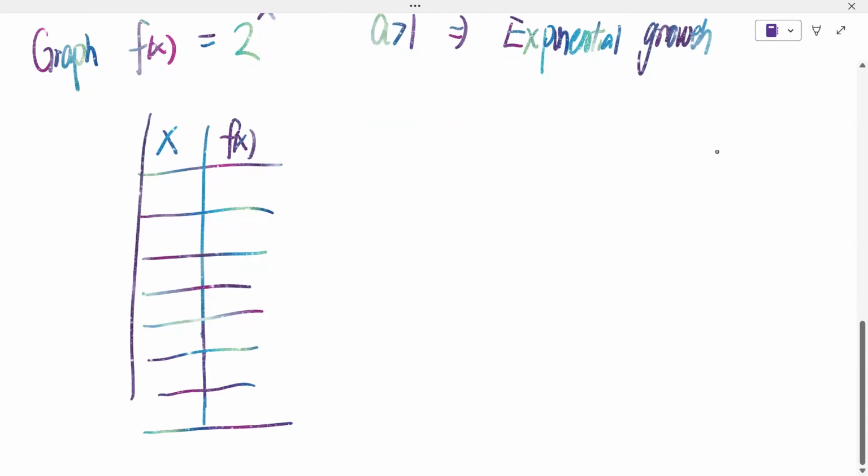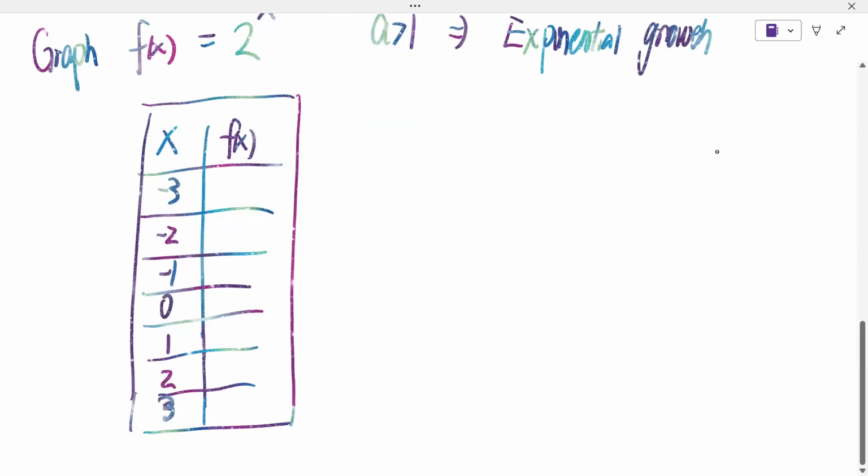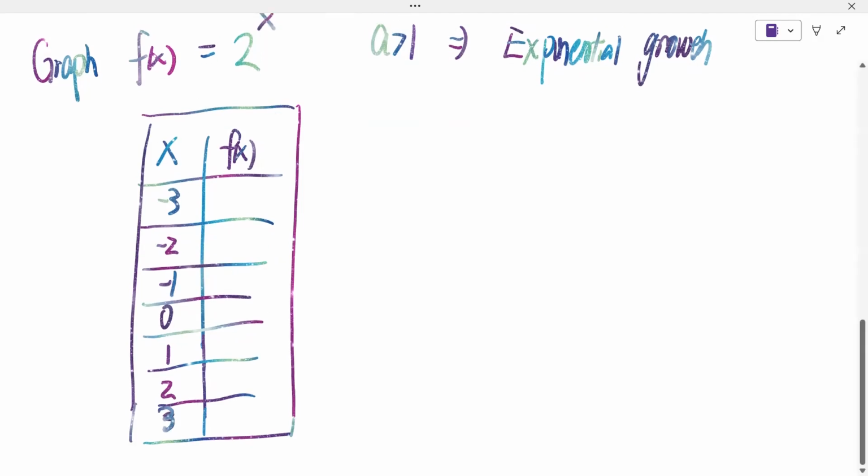Let's start with the x values. I'm going to start with -3, -2, -1, 0, 1, 2, 3. We're just picking some numbers from the left-hand side of 0 and some from the right-hand side, and then finding the y values.